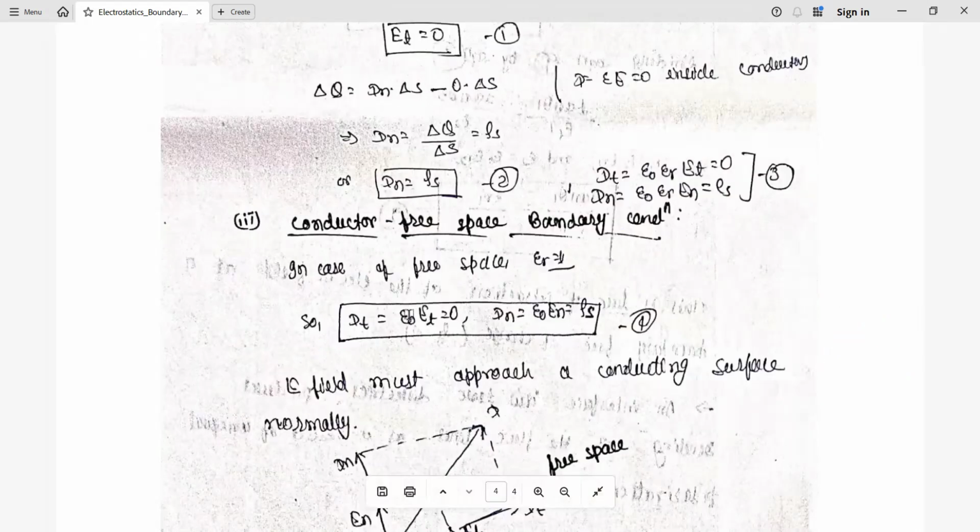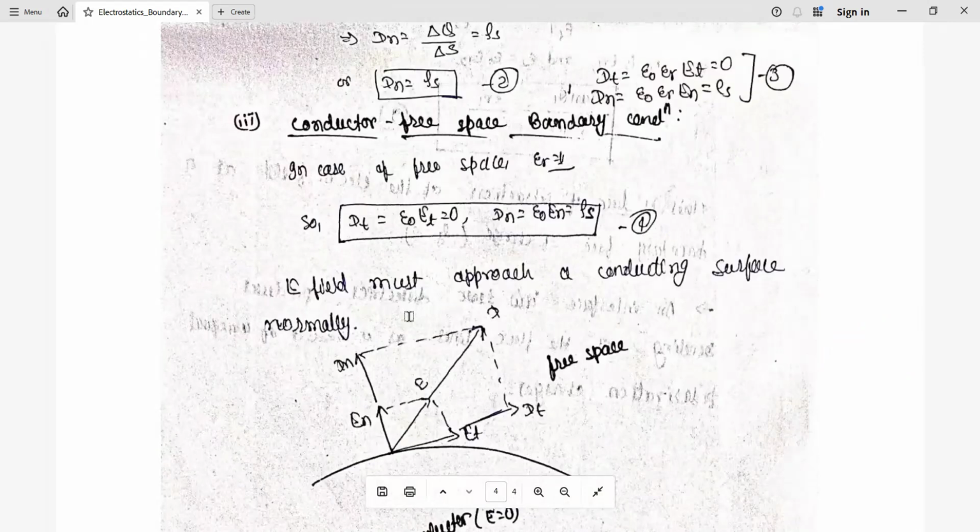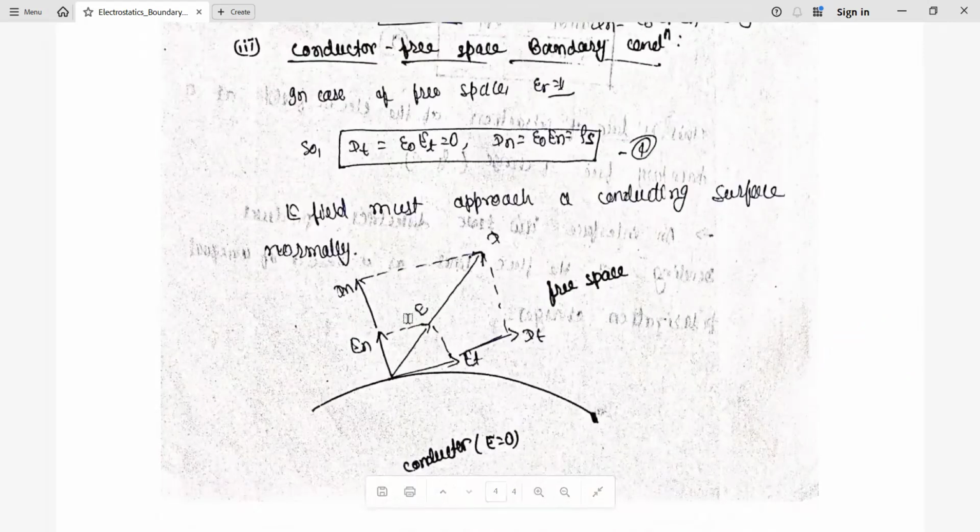Next we have the third one, the conductor and free space boundary conditions. So in case of this, it is simple, not like the first one. So here what we have, one medium is conductor. So this is medium one, that is the free space, and medium two is the conductor as before.